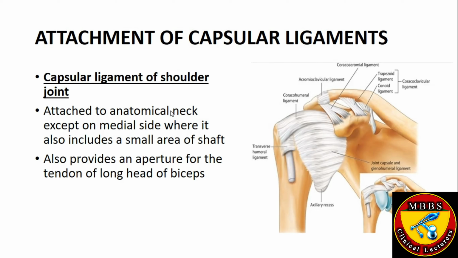We see also the attachment of the capsular ligament. The capsular ligament of the shoulder joint is attached to the anatomical neck, except on the medial side where it also includes a small area of the shaft. It also provides an aperture for the tendon of the long head of the biceps. You might have gone through the head of the humerus.